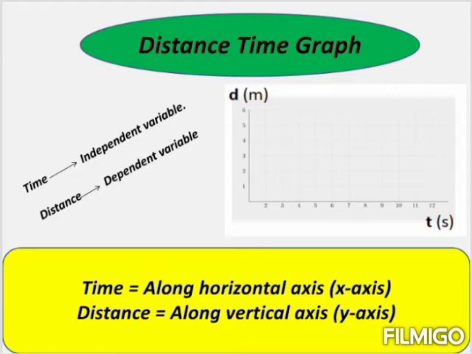So we draw the values of time on the x-axis, and the other quantity, distance, having the unit meter, is drawn on the y-axis, the dependent variable. We have to mention the units of those quantities: the unit of time is second and the unit of distance is meters.